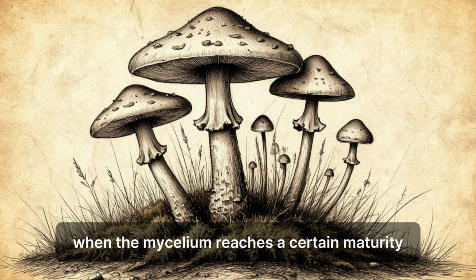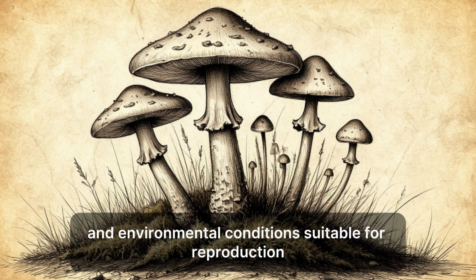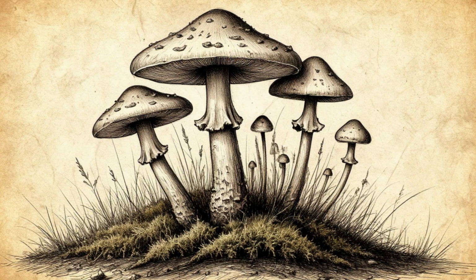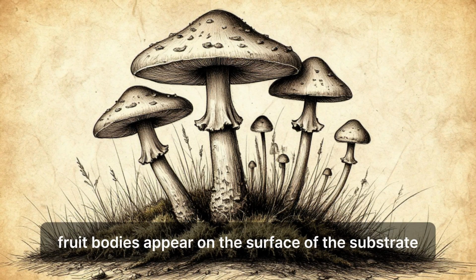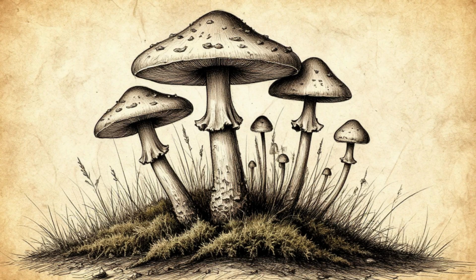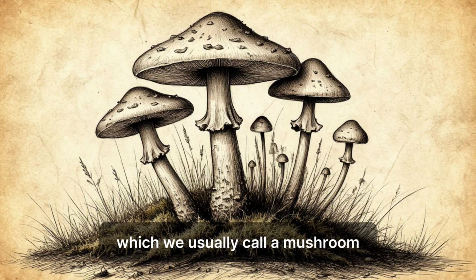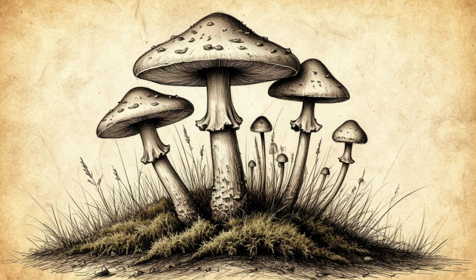When the mycelium reaches a certain maturity and environmental conditions are suitable for reproduction, fruit bodies appear on the surface of the substrate, the visible part of the fungus, which we usually call a mushroom.